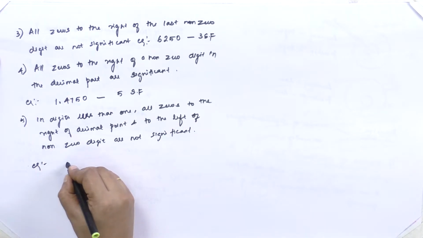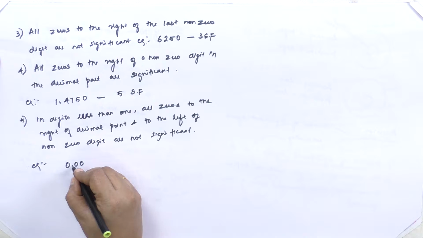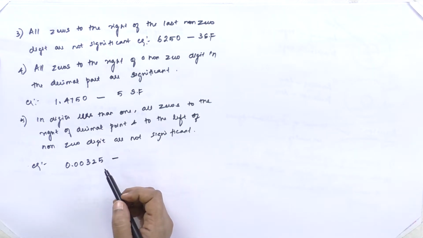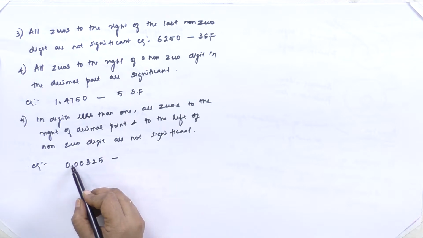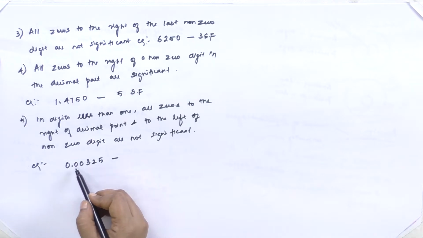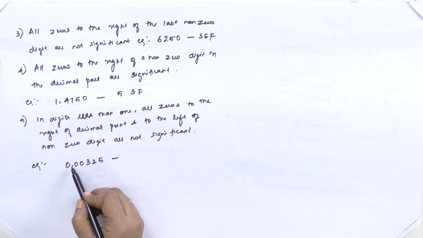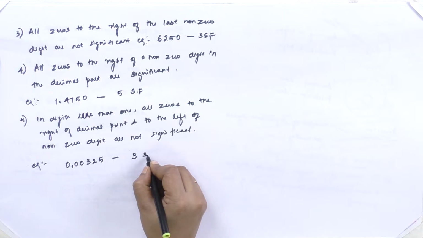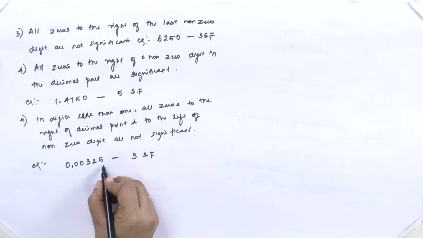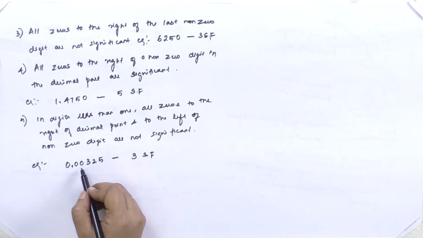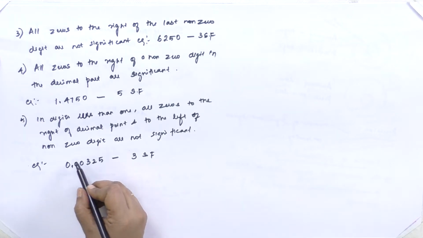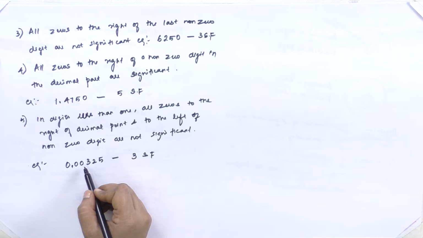Example, you have a number which is less than 1, that is 0.00325. So there is no need to consider the zeros which are to the left of the non-zero digits and to the right of the decimal point. So here the number of significant figures is 3. We have to consider only the non-zero digits, and omit the zeros to the left of the non-zero digit and to the right of the decimal point.